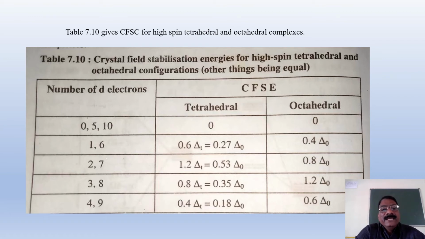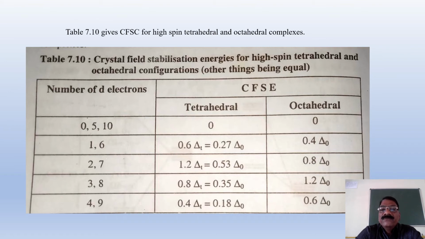For the number of d electrons 0, 5 and 10, tetrahedral and octahedral both have 0 CFSE. For 1 and 6 electrons, the tetrahedral CFSE is 0.6 delta T. When we convert it into delta O, it is 0.27, and for the octahedral it is 0.4.